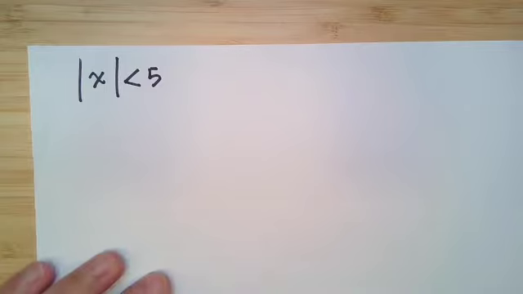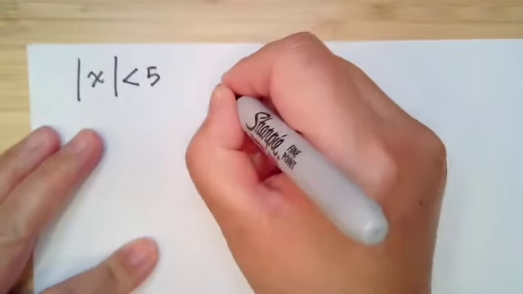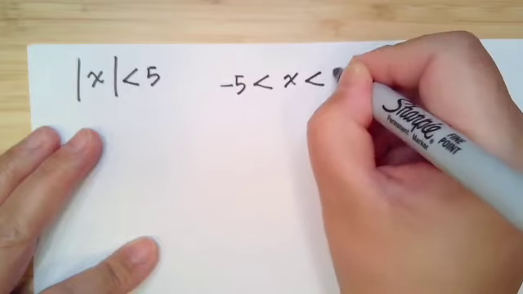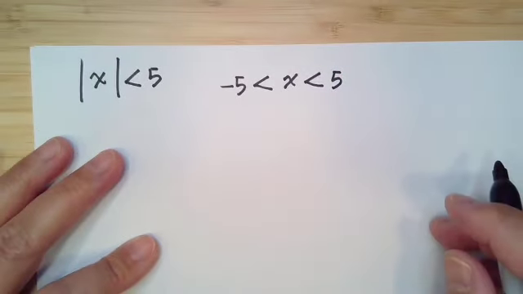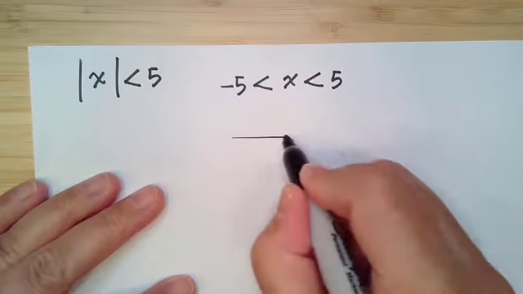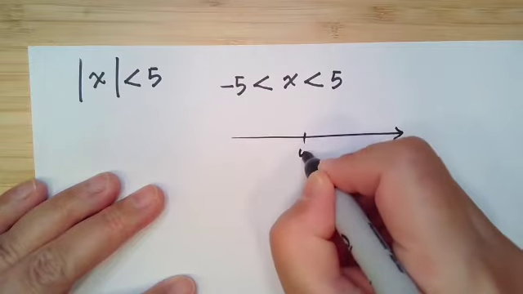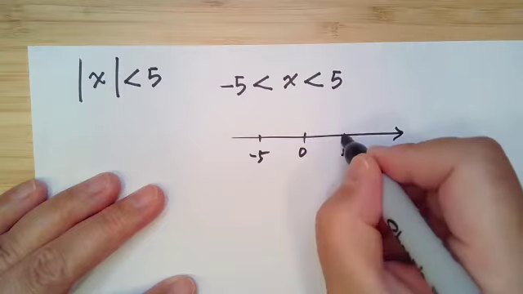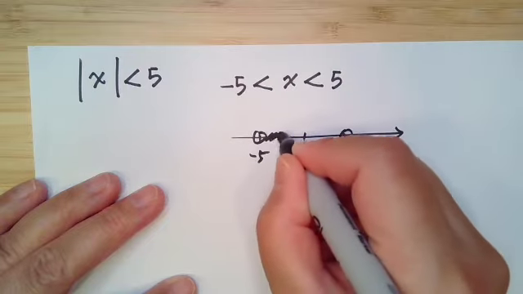So the solution will be this: x should be between 5 and negative 5. Okay, so you're going to draw, here's a 0, here's a 5, and here's a negative 5. Circle and a circle and a line between.